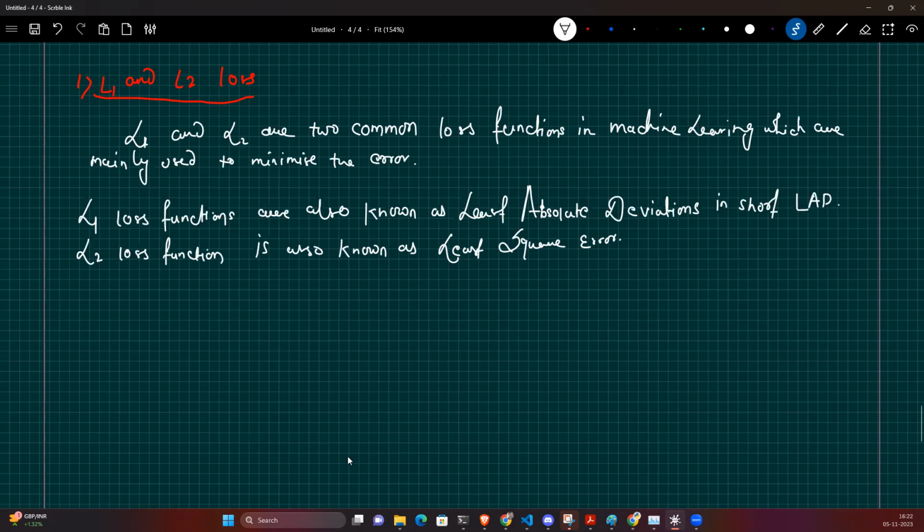Now let's talk about the L1 loss function. The L1 loss function is equal to the summation of the absolute value of y true minus y predicted.